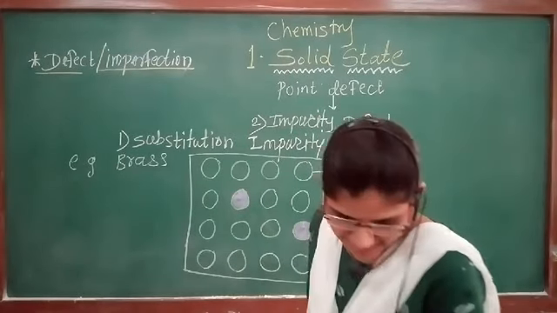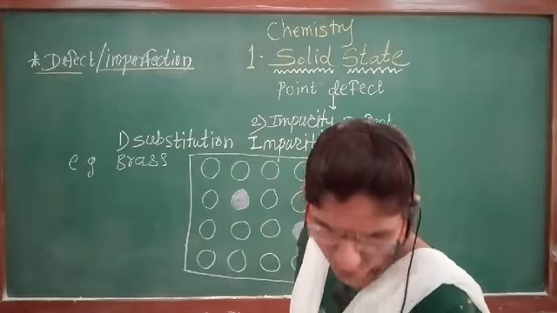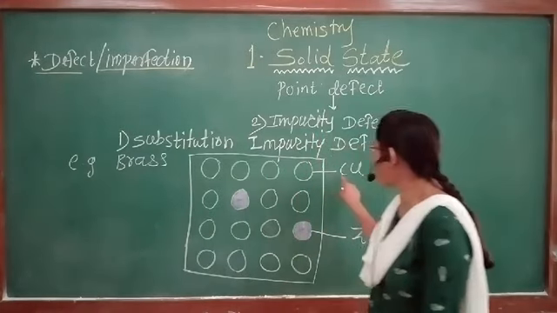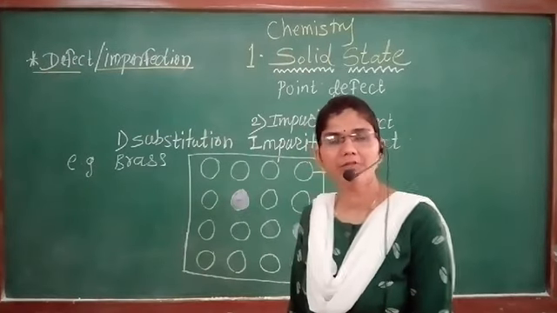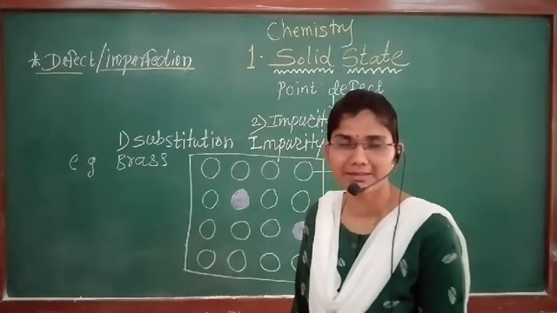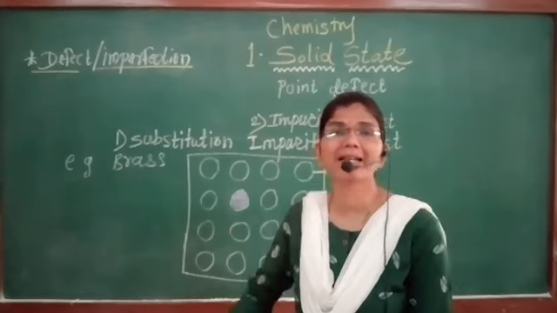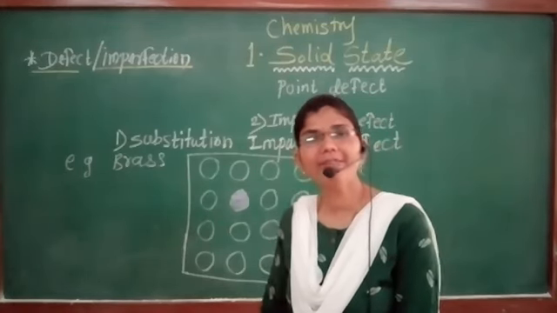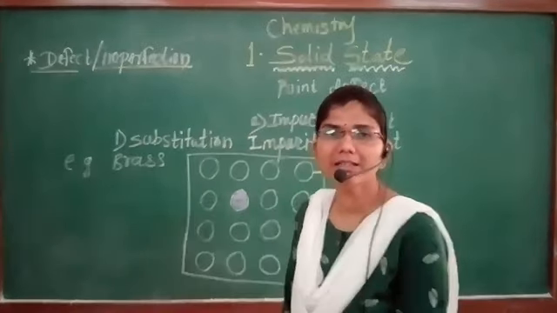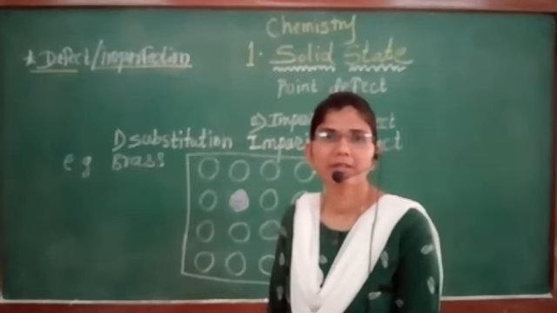In brass, the host atom is the copper atom, that means the main content of the brass is copper, which is present in the maximum amount. And why do we add the zinc to the copper?